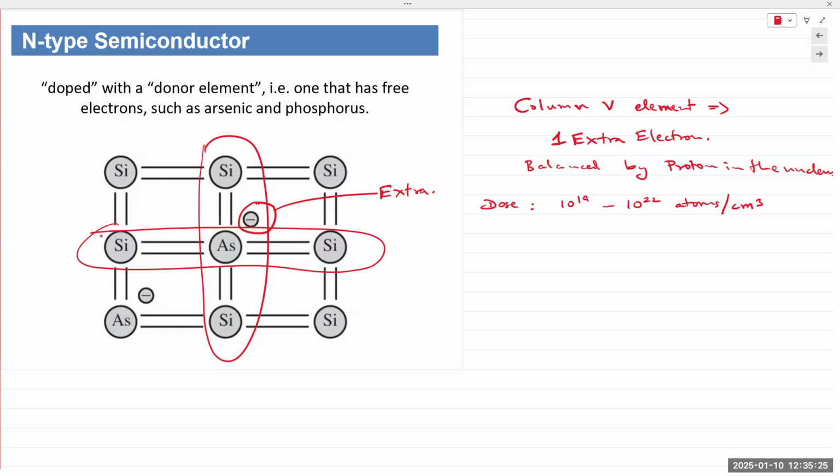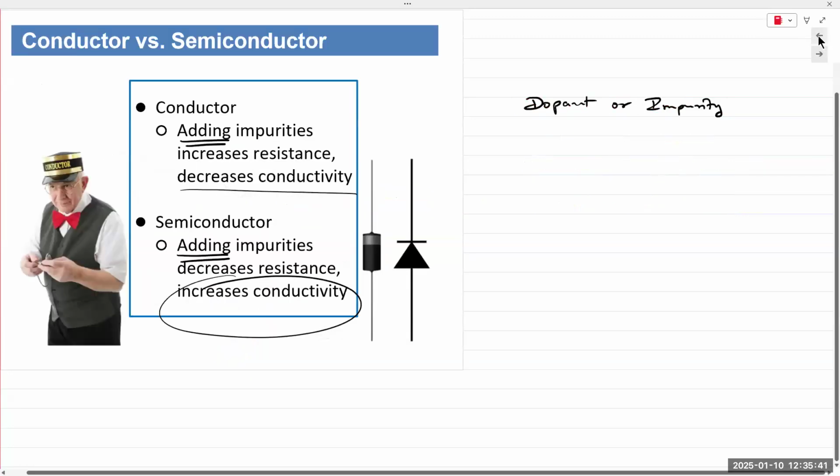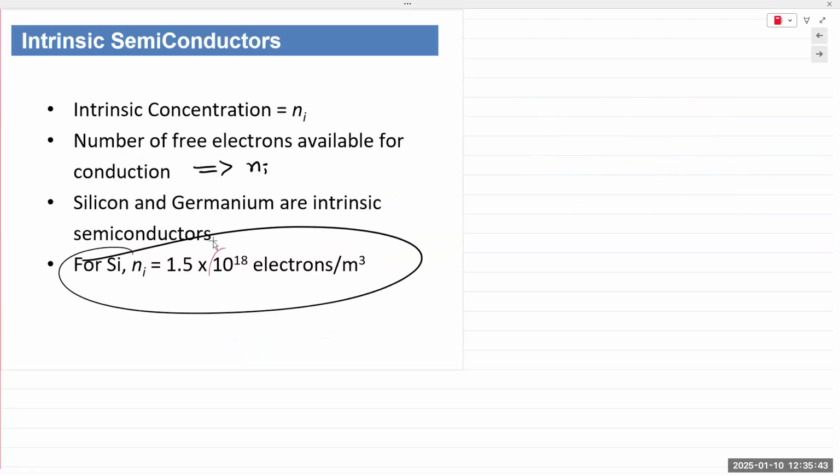Do you have a rough percentage number of what that would be, the ratio of dopant to semiconductor? For silicon, it was 10⁻18. So it's more than that. More than that, yeah.